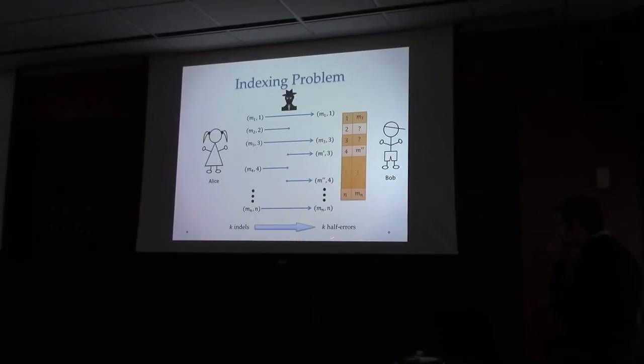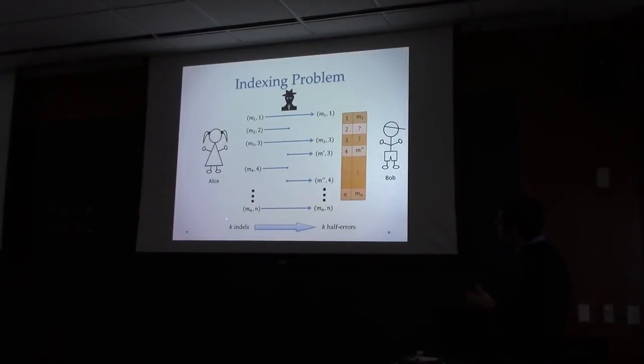So what this procedure does here is actually turning k insertion deletions into k half errors. A very important thing is that half errors are way, way easier than insertion deletion errors to be dealt with.